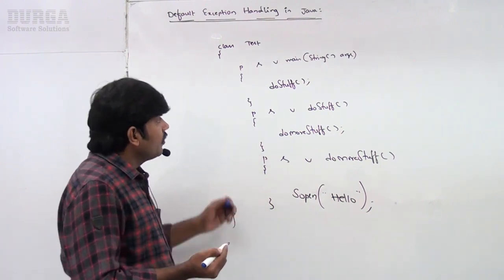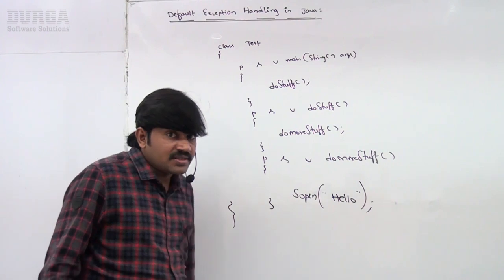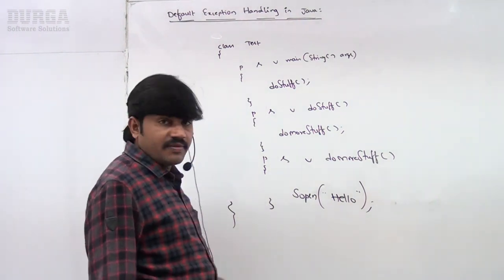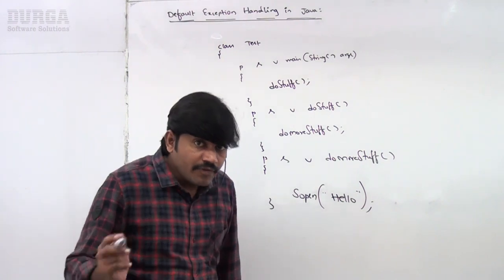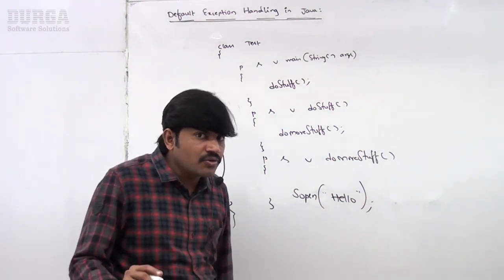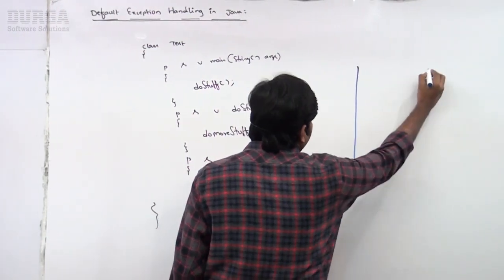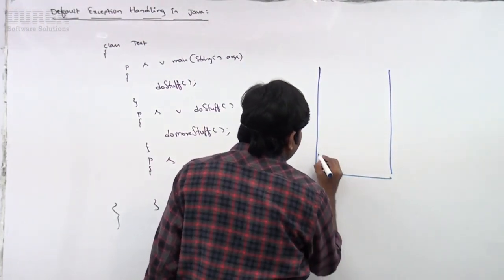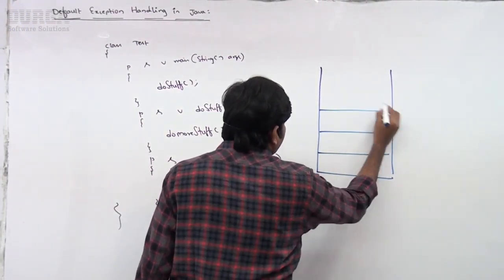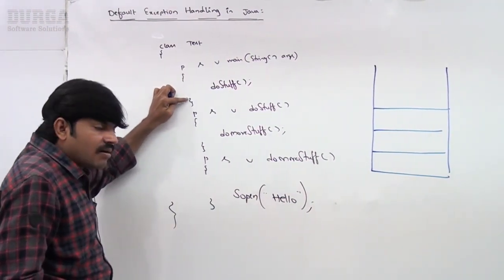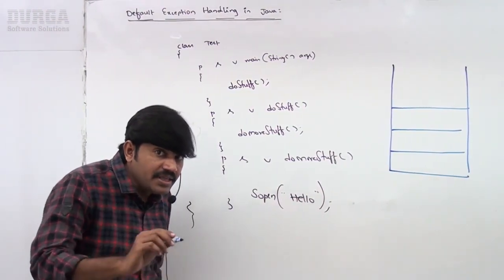Do you know how many threads are available here? I covered it already in the last video, runtime stack mechanism. Only one thread, the main thread. For every thread, JVM is going to create one runtime stack. Now, what is the first method call performed by the main thread?